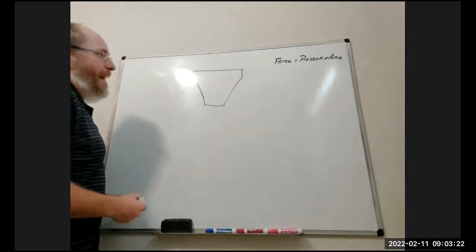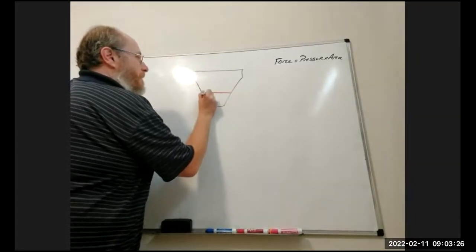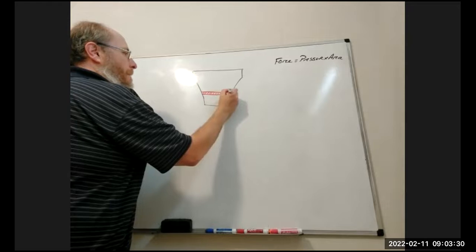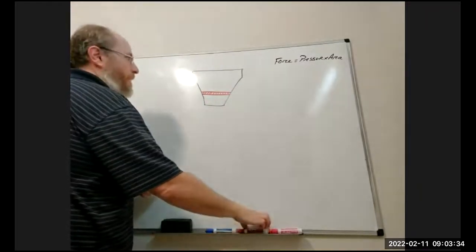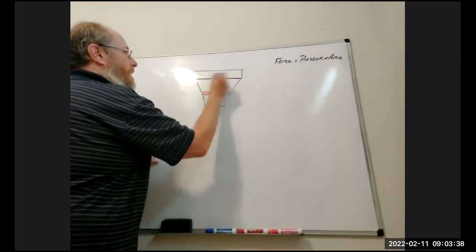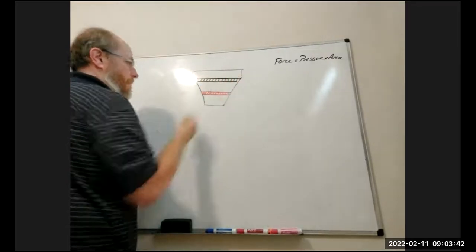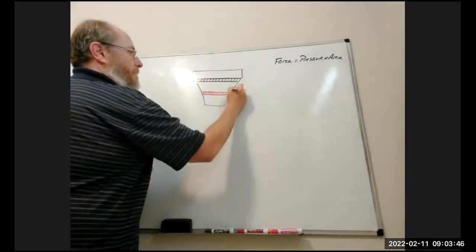Well, that means that this little piece right here, that I'm going to mark in red, that little strip is actually feeling a different pressure than this strip up in black. The one in red actually has greater pressure.